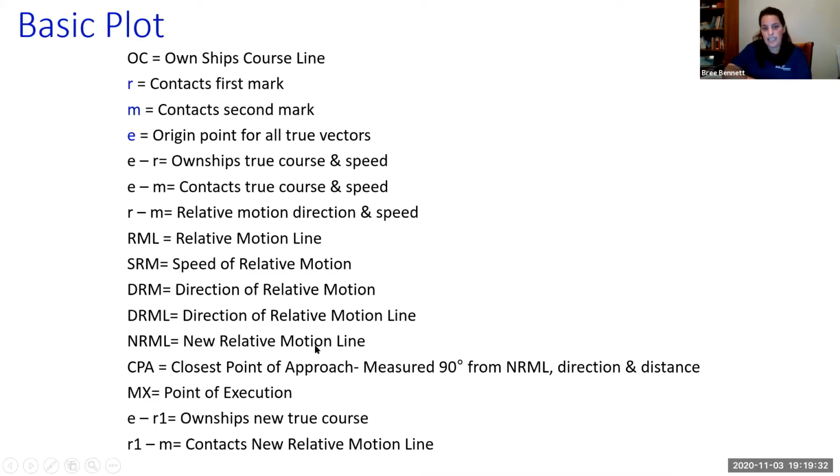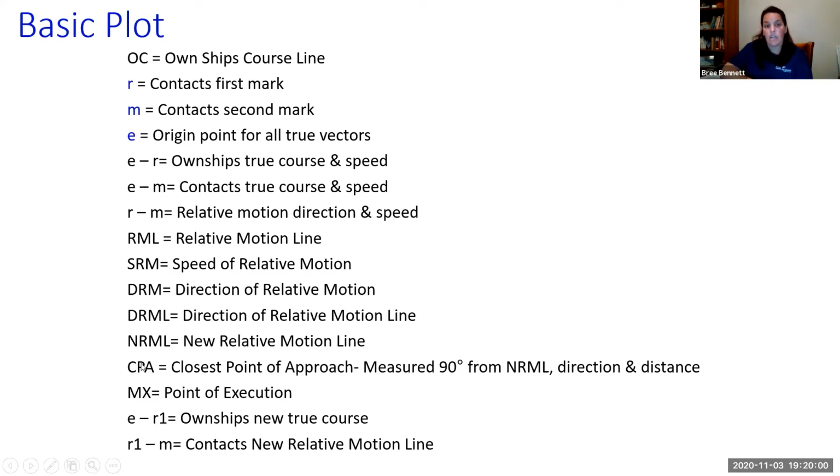We're not going to get into that tonight, but that is going to be tomorrow or next week when we talk about collision avoidance. We want to basically bend that relative motion line so that it will not get too close to us. And how do we do that? So that new relative motion line is going to be what we're going to talk about next week.